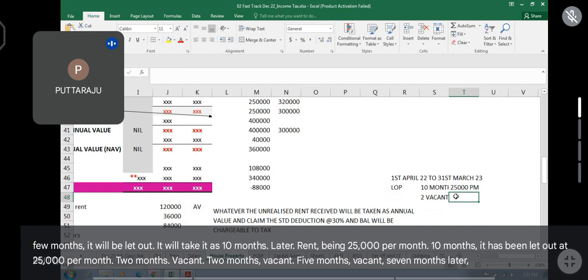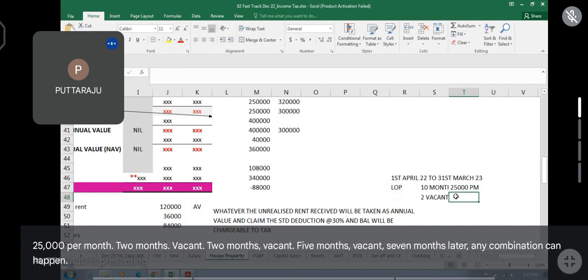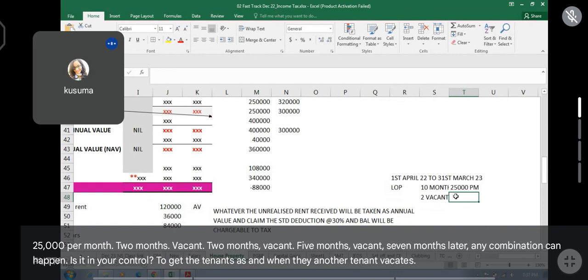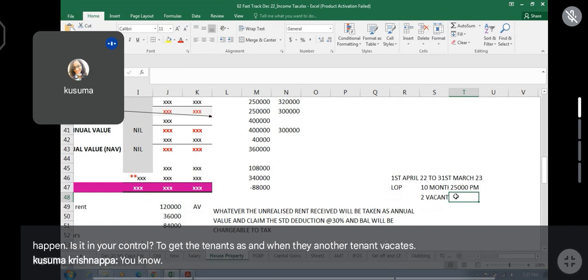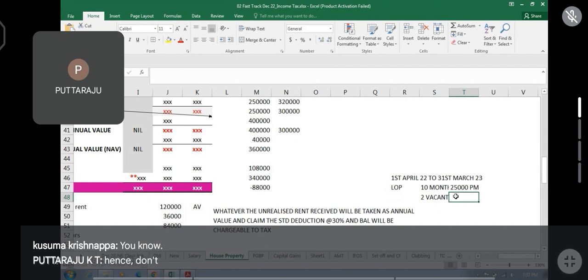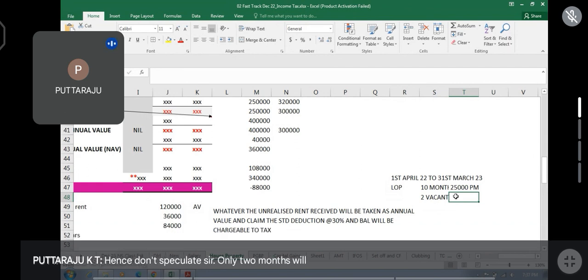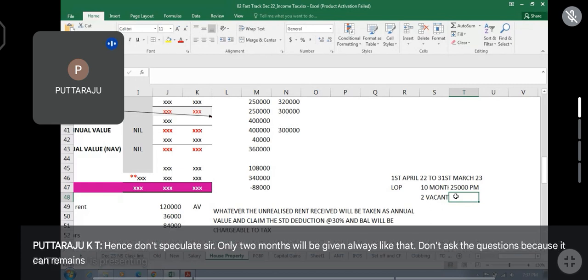Any combination can happen, like 5 months vacant, 7 months let out. Is it in your control to get the tenant as and when another tenant vacates? No, sir. Hence, don't speculate. Only 2 months will be given. Always like that. Don't ask the questions because it can remain vacant any number of months.